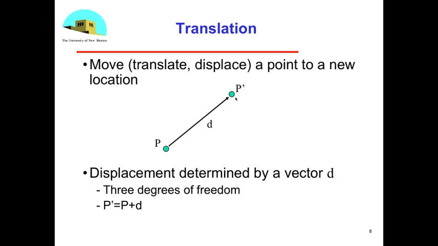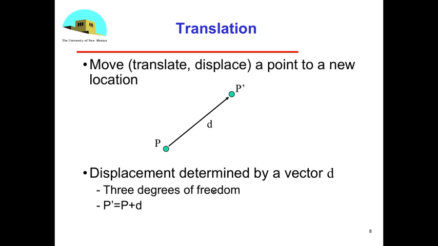But when I'm talking about an object, with multiple vertices that define that object, there's generally going to be only one way that will get all of the vertices to where I want. So if I have, say, one point on a cube, and I translate that cube, even though a rotation might get this particular point over here, a rotation is not going to get all the points to the same place as would a displacement or a translation. So it should be clear from the application which one you're really trying to do.